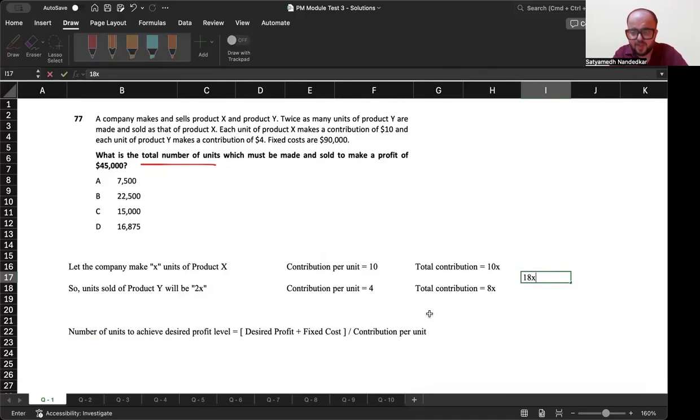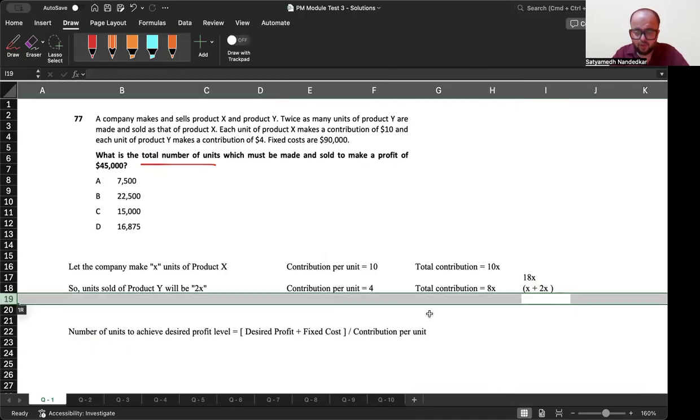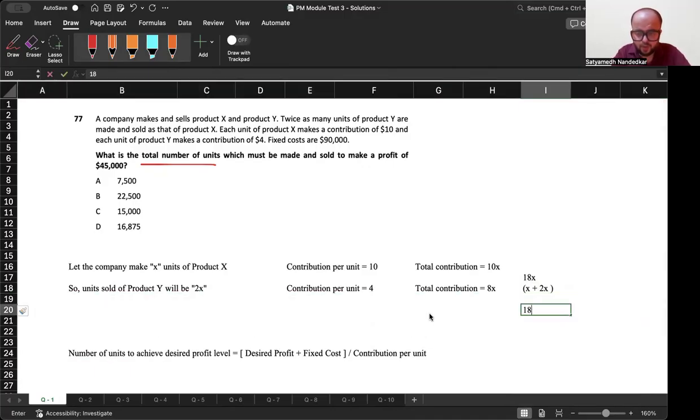So 10x plus 8x would be 18x. And how many units of X and Y have been made? You have X units of X and 2X units of Y. So if I have to calculate my contribution per unit, don't you think total contribution 18x divided by X plus 2X will give me a contribution of 6 per unit?